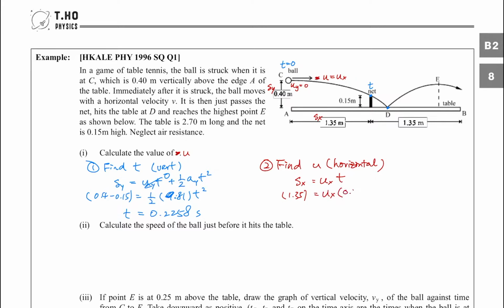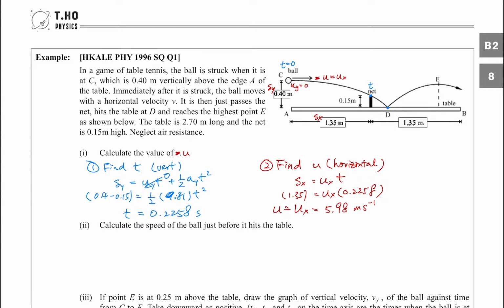Ux is what we want to calculate. t is 0.2258. So ux, which is equal to u, would be 5.98 meter per second. So this is the value for the initial velocity, 5.98.